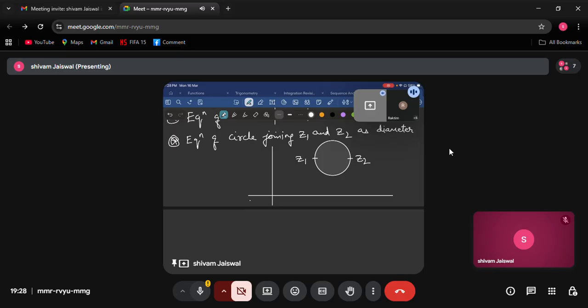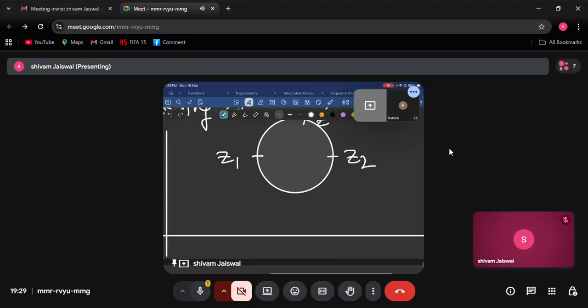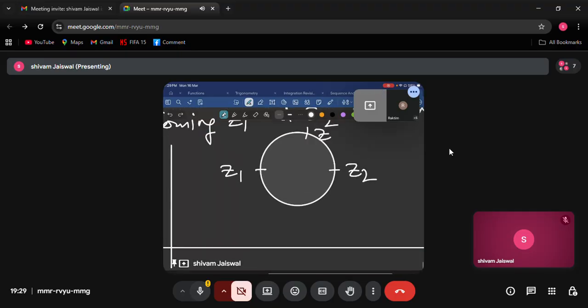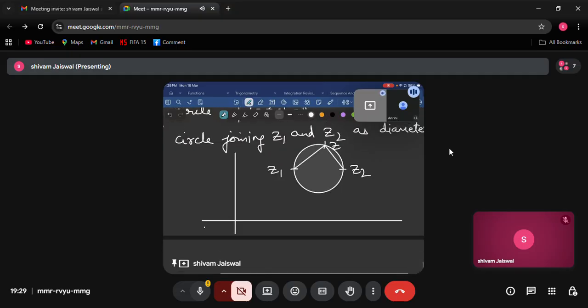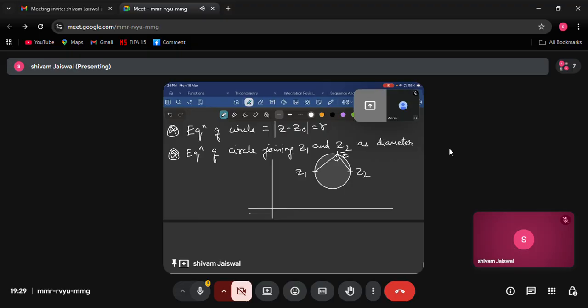Let us take any point on this circle. This is z. Everyone, what is this angle z1, z, z2? 90 degrees. Mimiel, are you getting? Angle in a semicircle is 90 degree.